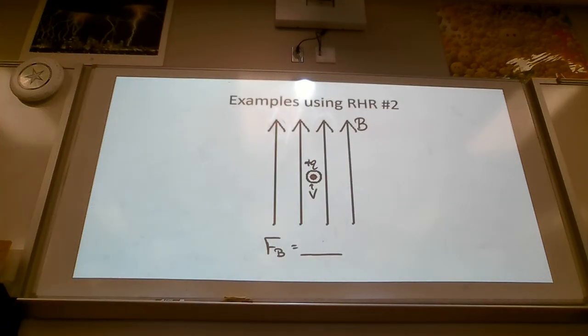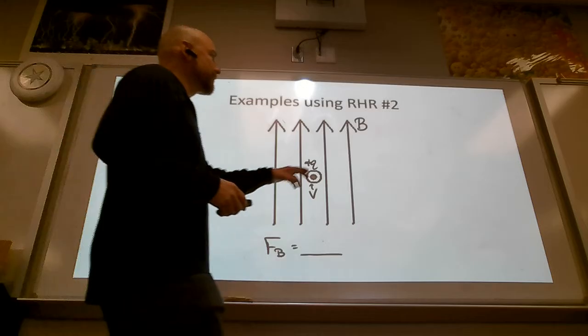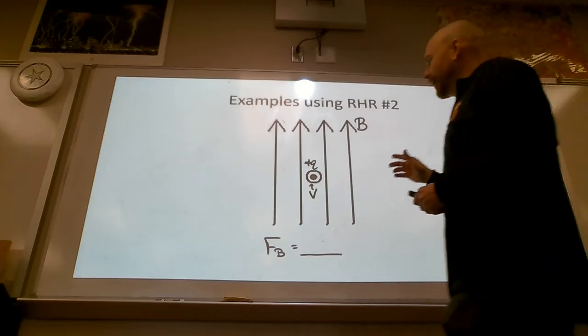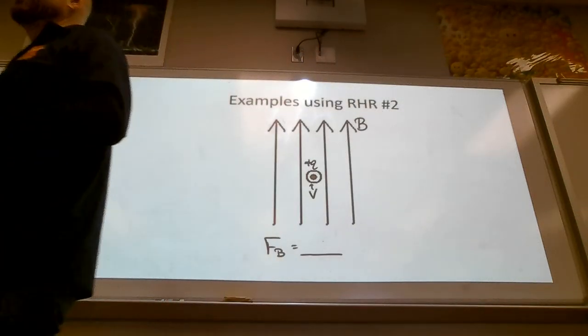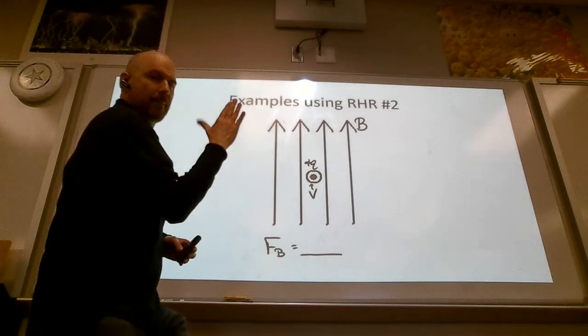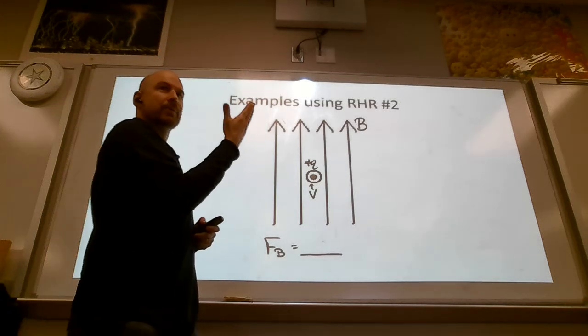All right. So what part of your hand corresponds with B? Fingers, your magnetic field. So stick your fingers going which way? Up. Okay. What part of your hand corresponds with velocity? Thumb. So we're going to lock our fingers up. We're going to rotate with our fingers up until our thumb is facing which way?